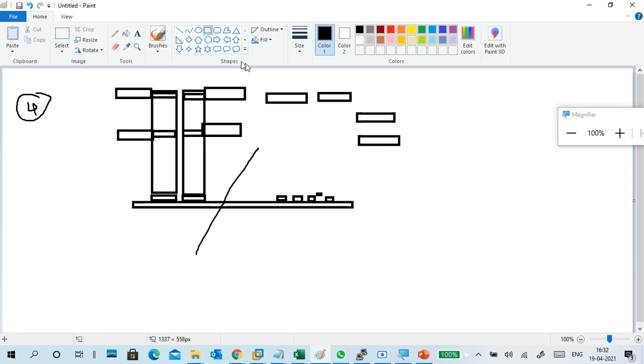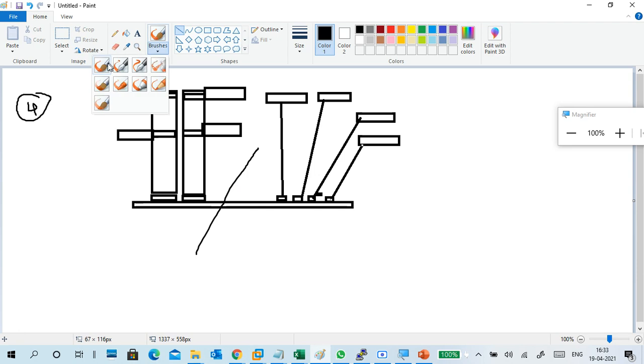So in both conditions, only 4 devices can be connected. That is the first one.